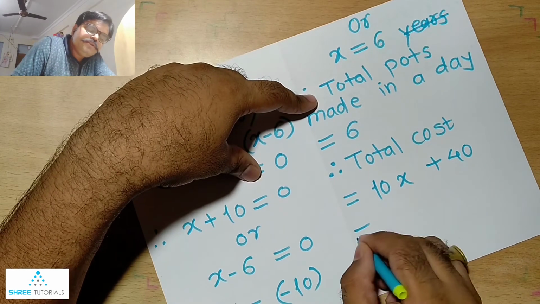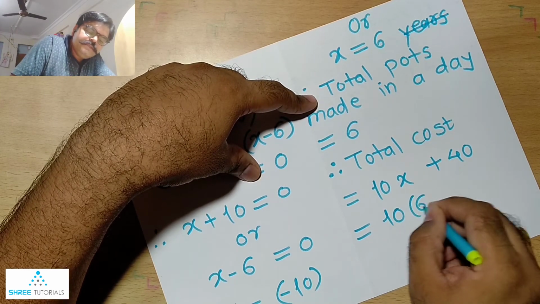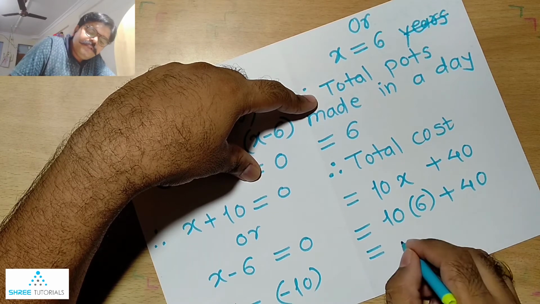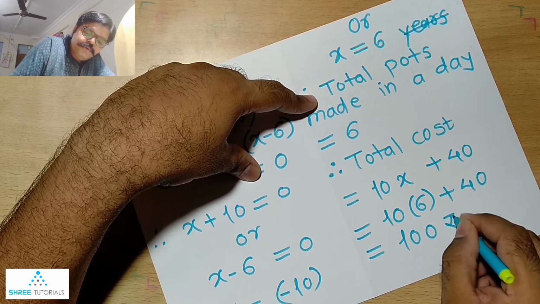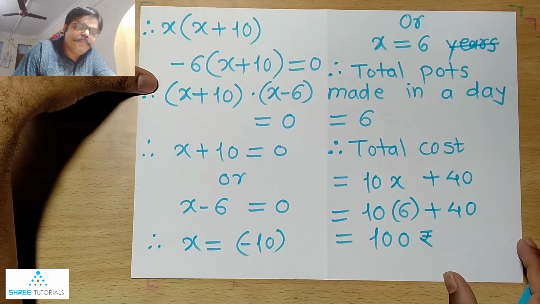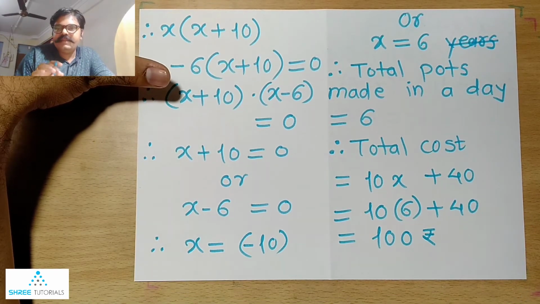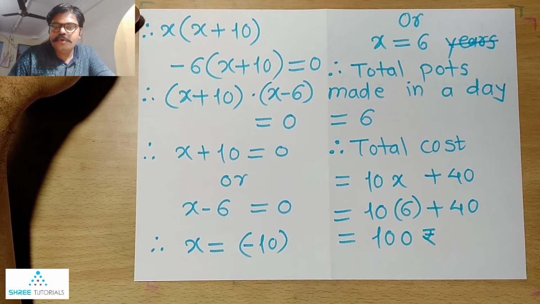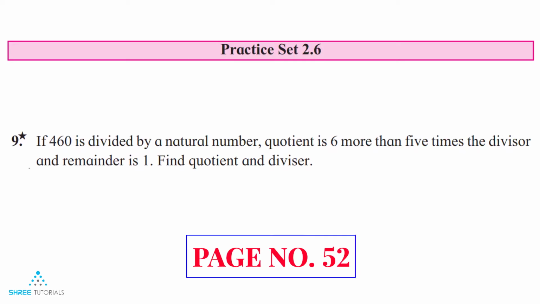Okay, so in place of this x we are going to put 6: 10 times 6 is 60, plus 40, that must be 100 rupees. So the total pots made in a day were actually 6, whereas the cost of each of these pots was 100 rupees.